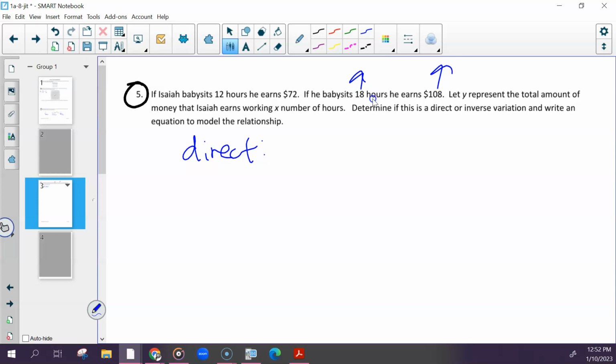Because it's direct, then we can use our values to find our k and then find our equation. So we know y is the total amount of money. So x would have to be the hours. Whether you use 72 and 12 or 108 and 18 does not matter. So if we did 72 over 12, what would our k value be? 6.